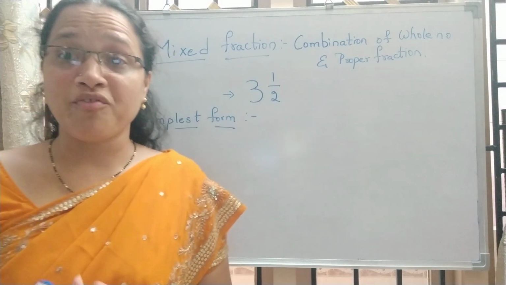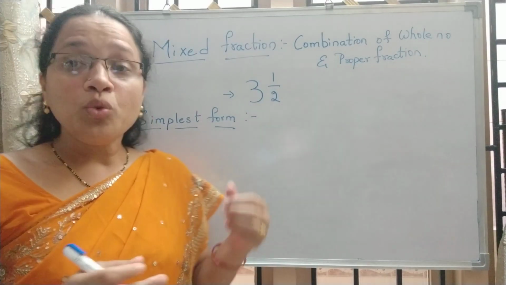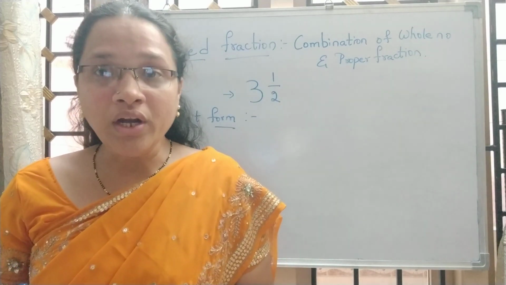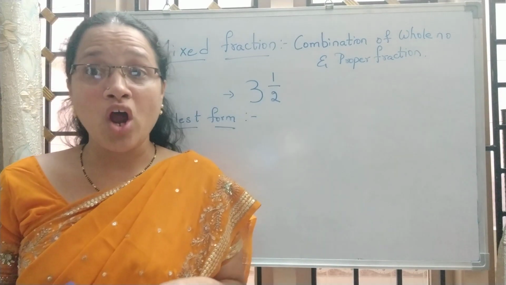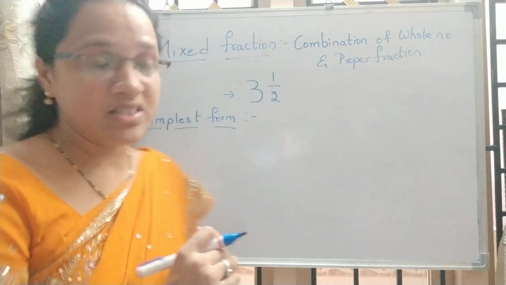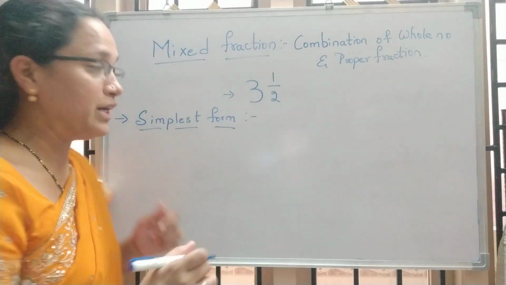The simplest form of a fraction is when the numerator and the denominator have only 1 as a common factor. It will not have any other common factors. Did you understand? We will see along with an example why it has only 1 as a common factor for the numerator and denominator.